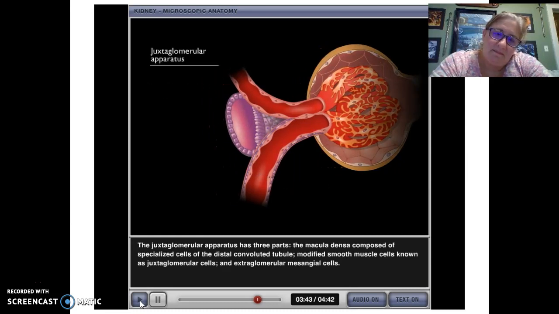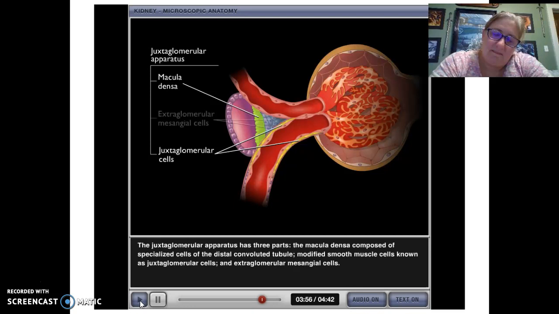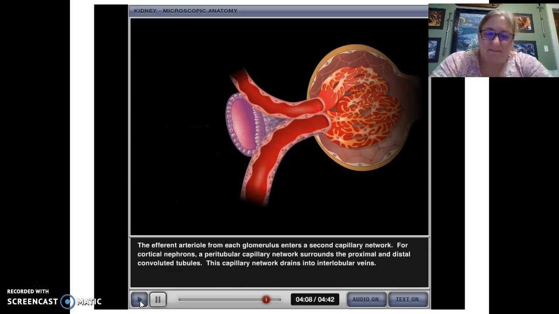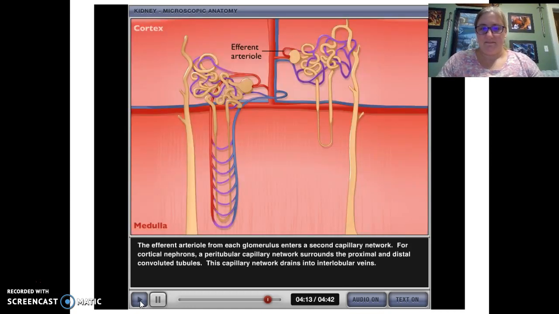The juxtaglomerular apparatus has three parts: the macula densa, composed of specialized cells of the distal convoluted tubule, modified smooth muscle cells known as juxtaglomerular cells, and extraglomerular mesangial cells. The juxtaglomerular apparatus monitors blood sodium concentration and adjusts glomerular filtrate volume through feedback mechanisms. The efferent arteriole from each glomerulus enters a second capillary network.